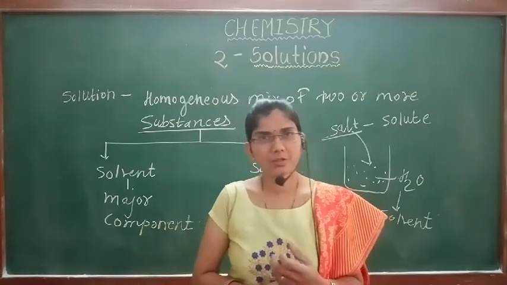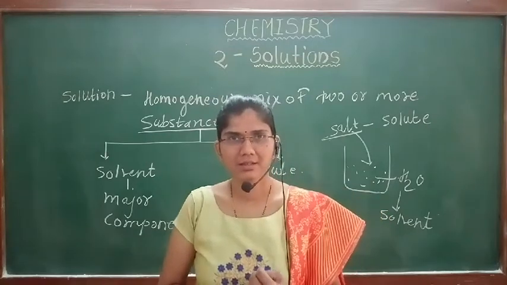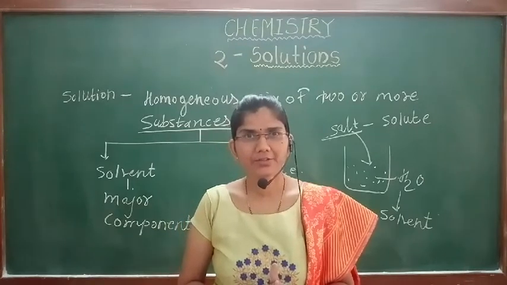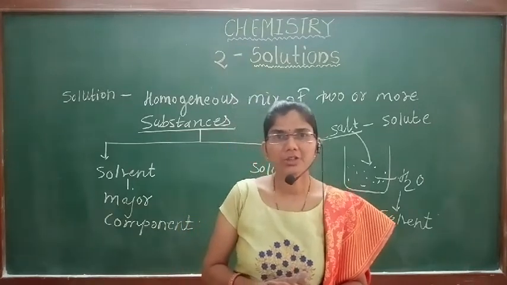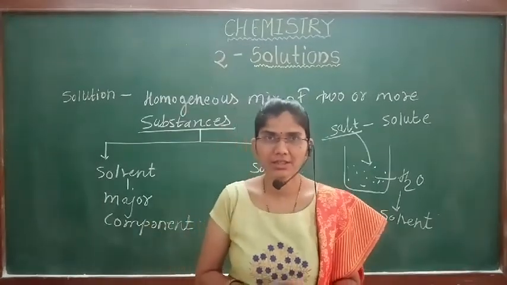For the formation of a solution we require at least 2 components, solute and solvent, and the interaction between the solute and solvent to form an aggregate is called solvation.